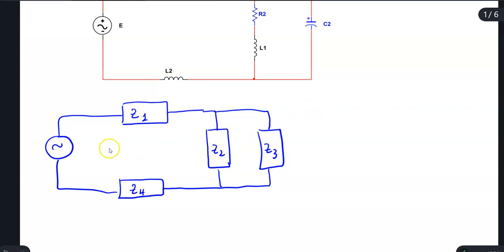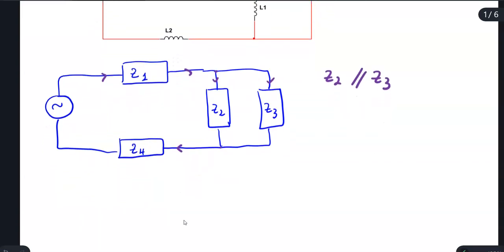Now you see that from the source you will have the current going through this, and then it's split into two right here, and then is reconnected and going through Z4. So in this case we are going to have Z2 parallel to Z3.